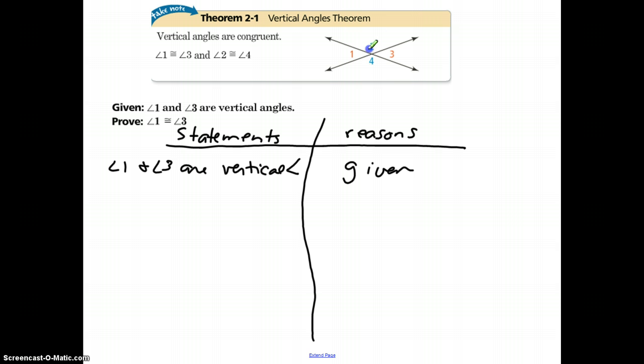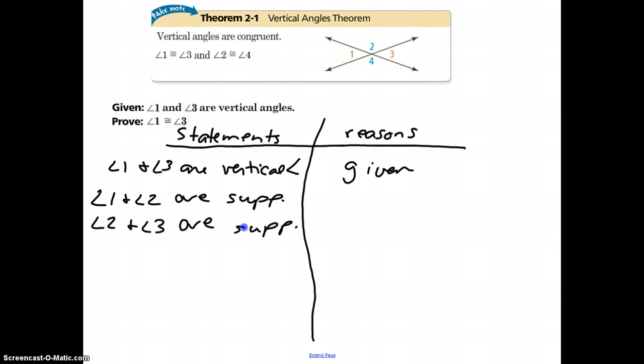So, I know that all those linear pairs are supplementary. Well, I'm going to use that. I either need to go from 1 to 4 to 3, or I need to go from 1 to 2 to 3. Let's go 1 to 2 to 3. Alright, so I know that angle 1 and angle 2 are supplementary. And I know that angle 2 and angle 3 are supplementary. And I know that because of my linear pair postulate. Alright, so now, what does supplementary mean?